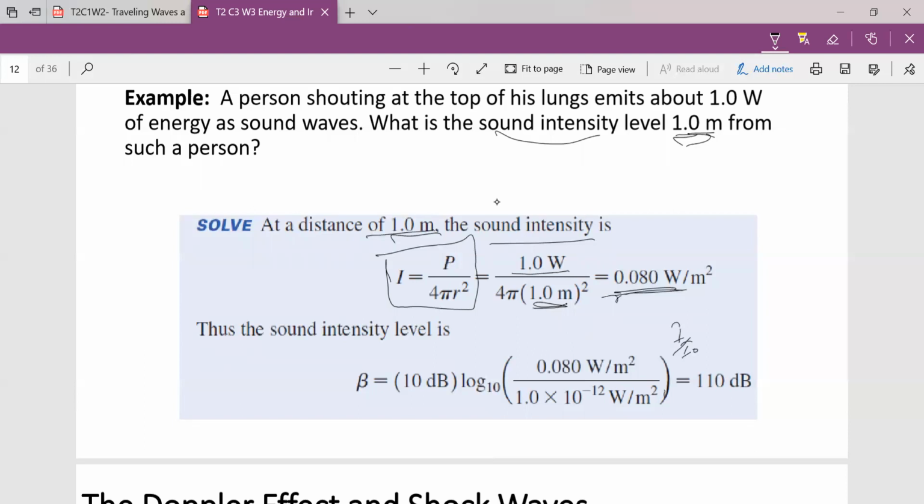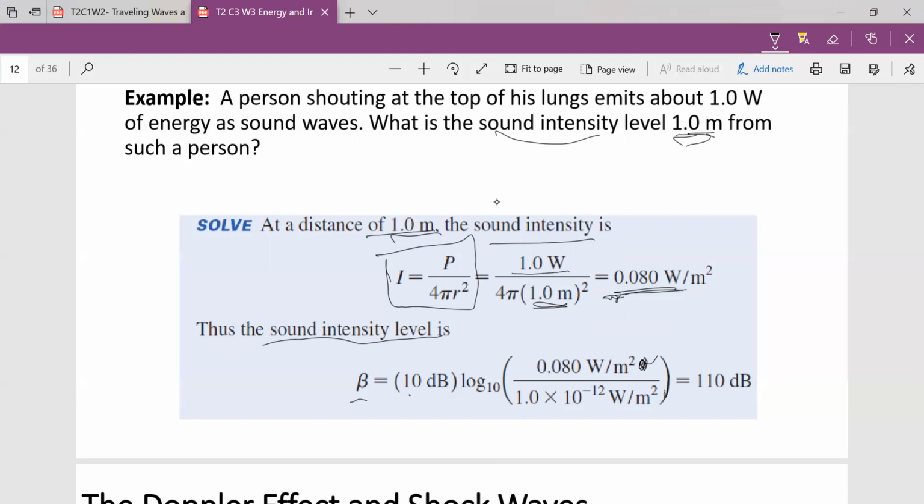Now substituting this into the formula for sound intensity level, which is beta equals 10 decibels log 10 of the intensity over the smallest intensity that humans can hear, so intensity I over I naught, we substitute directly with the values given.